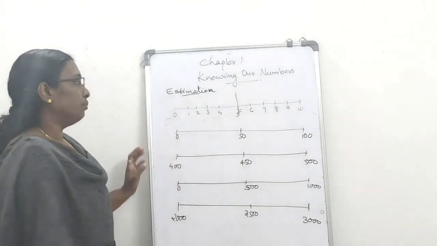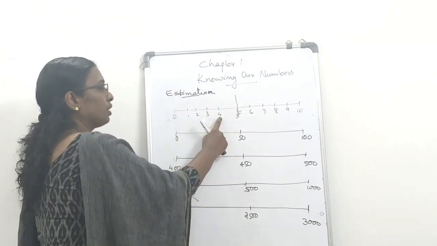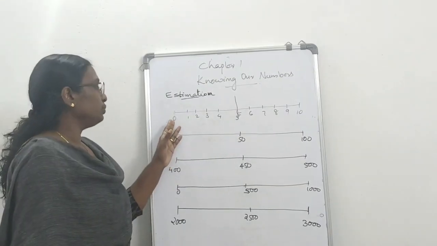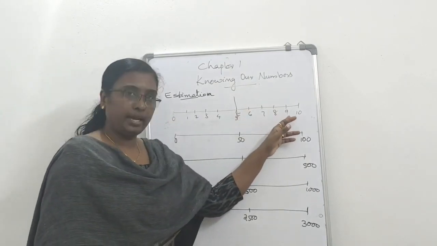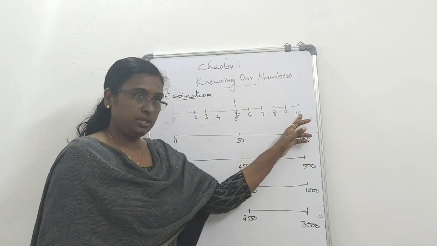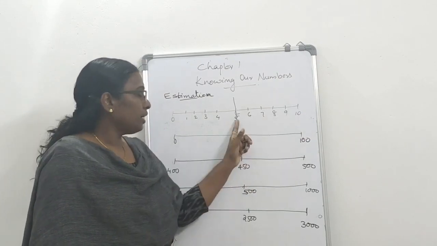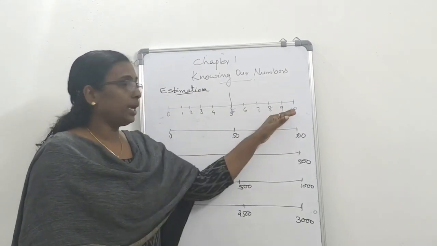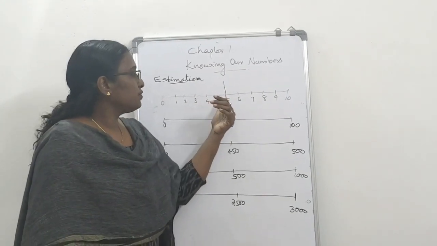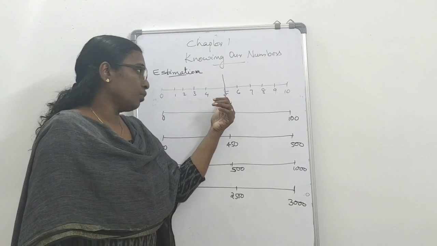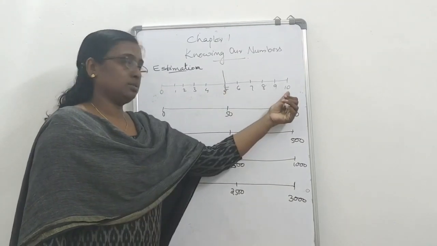So, the numbers 1, 2, 3, 4 are rounded off to 0 and 6, 7, 8, 9 are rounded off to 10. 5 is equidistant from 0 and 10. So, in common practice, 5 is rounded as 10.